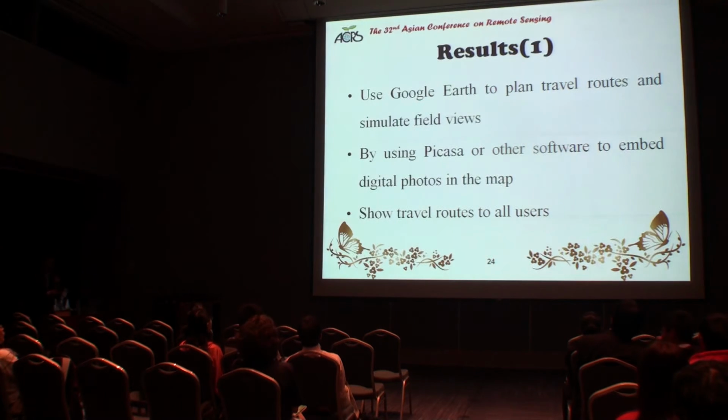And results. The first is using Google Earth to plan travel routes and simulate field views. We can use Picasa or other software to embed digital photos in the map. And by this method, the community users can show travel routes to all users.